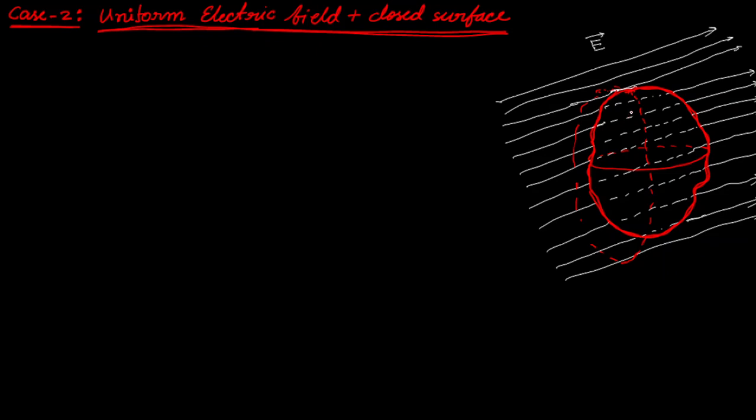Through some portion of the surface the electric field lines enter, and through some portion they go out. But the number of field lines entering and the number leaving will always be the same. So flux in and flux out will be the same, and the total flux will be 0.